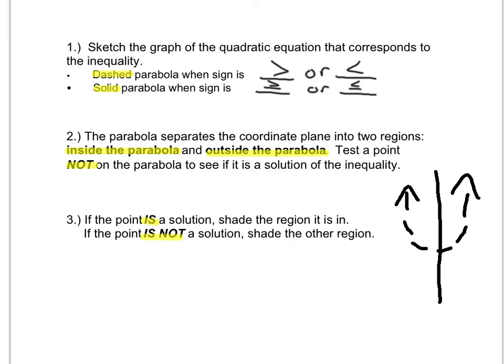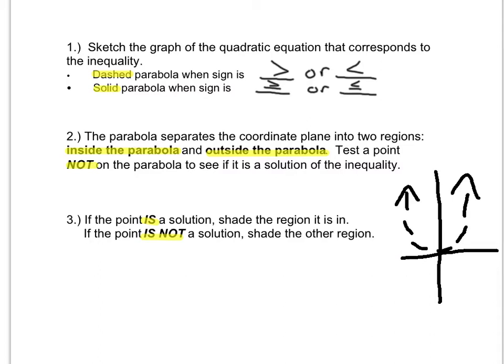So this is our parabola right here. We have to decide, are we going to shade in the parabola right here or out around the parabola out here? And to do that, we're going to test a point that's not on the parabola. So again, I'll recommend 0, 0 if 0, 0 is not on your parabola. Otherwise, we could pick any one of these points in here or out here.